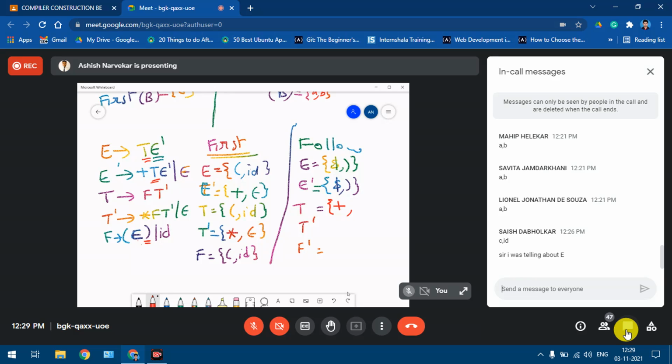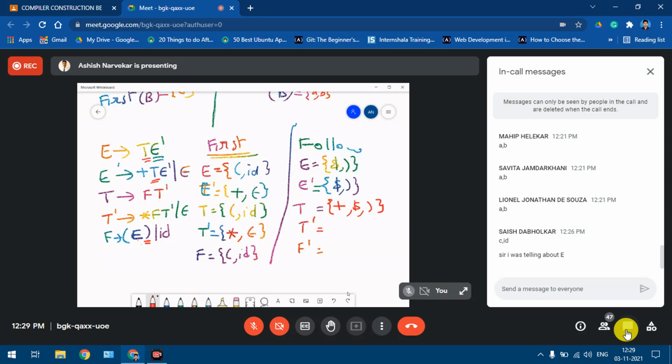So plus and epsilon means, suppose I put epsilon over here, this will just remain T. So in that case, follow of T will be equal to follow of E, so dollar and close bracket. Based on the second production, the follow of T will be equal to first of E dash. I believe it's again the same thing. So follow of T will be these three elements plus dollar and close bracket.